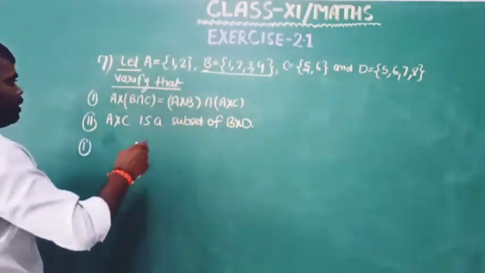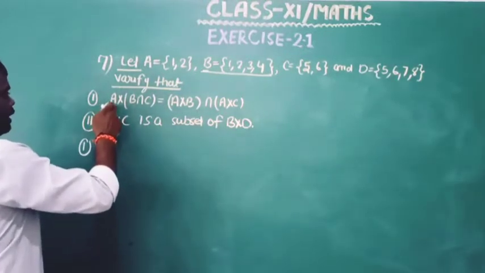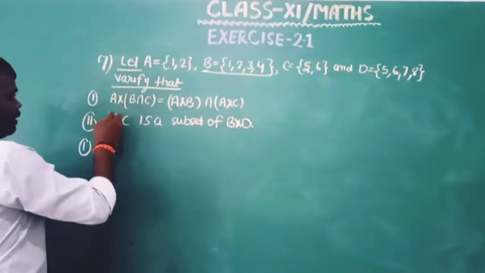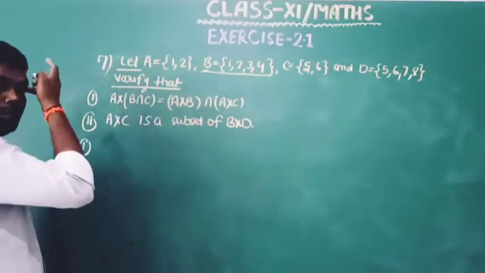Okay, so let us first take the left hand side, this is A cross (B union C).